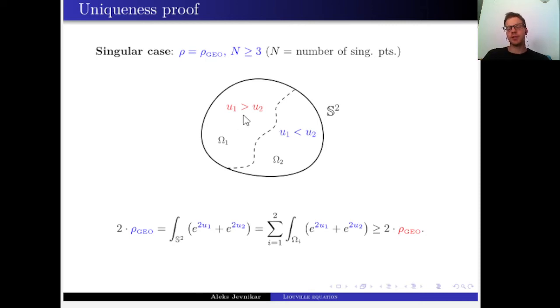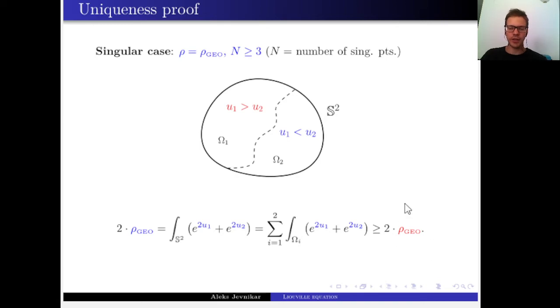You apply the singular sphere covering inequality to both of them, and so the same argument gives you that 2 times the geometric parameter will be bigger or equal than 2 times the geometric parameter again. Okay, so this somehow is what the singular sphere covering inequality tells you.